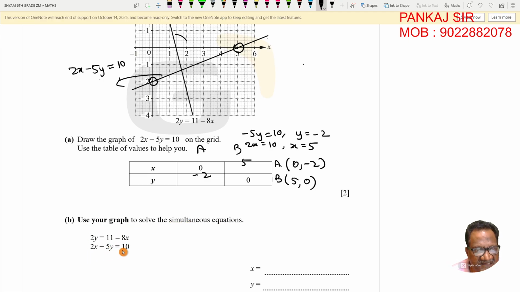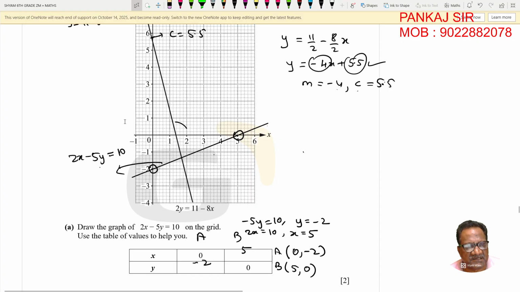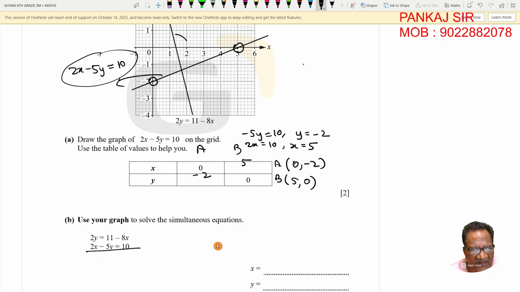If you see these two simultaneous equations, we have already plotted them. You have it on the graph. Can you see 2x minus 5y equal to 10? You have a graph of that. And 2y equal to 11 minus 8x, that also you have.